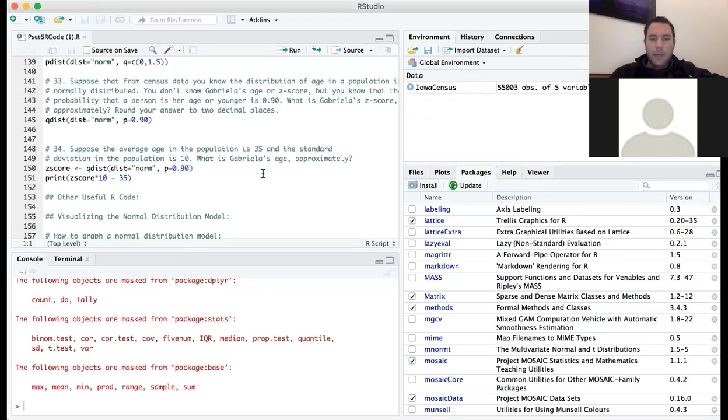So I just pulled up my RStudio, and I just loaded the Mosaic package into R. And I was just looking at the data set that we worked on for module number 6.